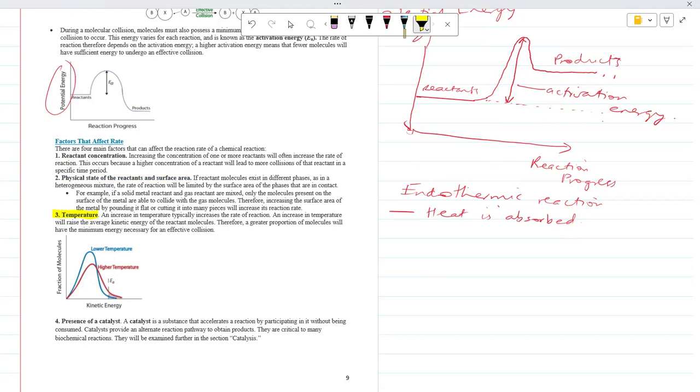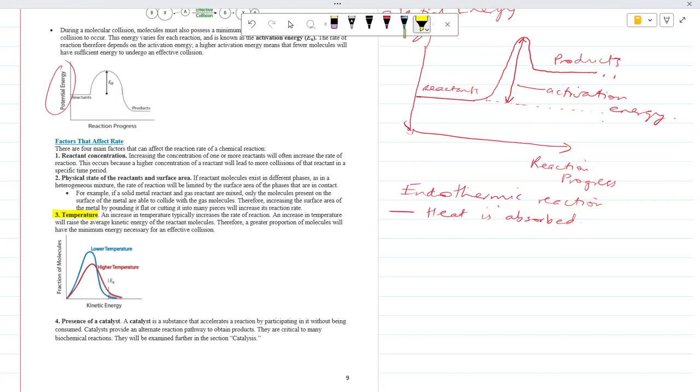An increase in temperature will raise the average kinetic energy of the reactant molecules. So if we increase the temperature, the molecules begin to move faster. The speed of the molecules increases. So once there's an increase in the speed of the molecules, there's going to be an increase in the frequency with which they collide with each other.